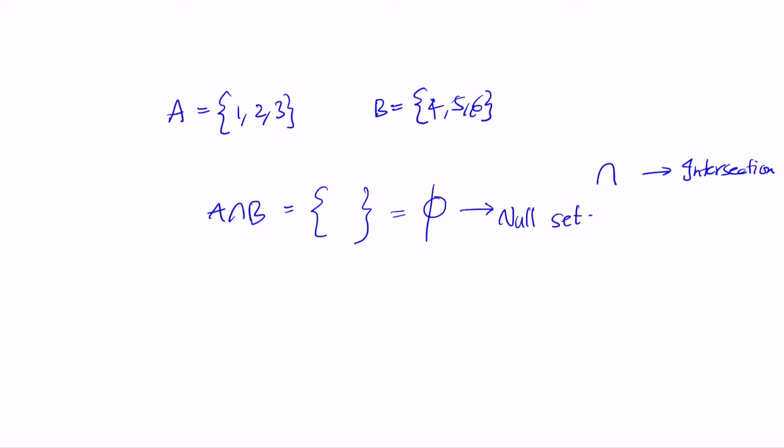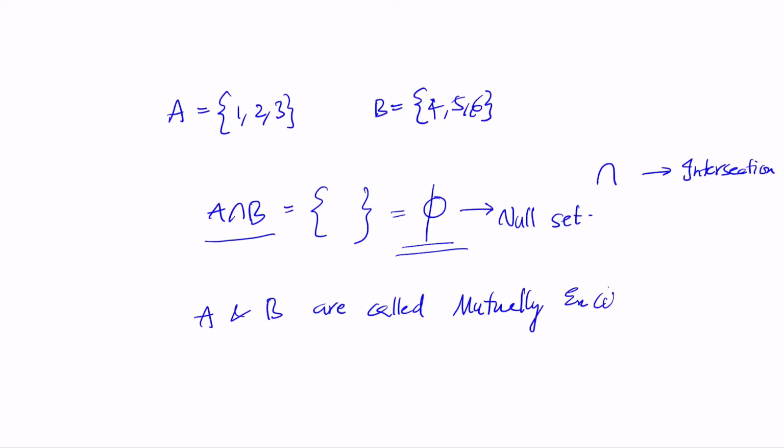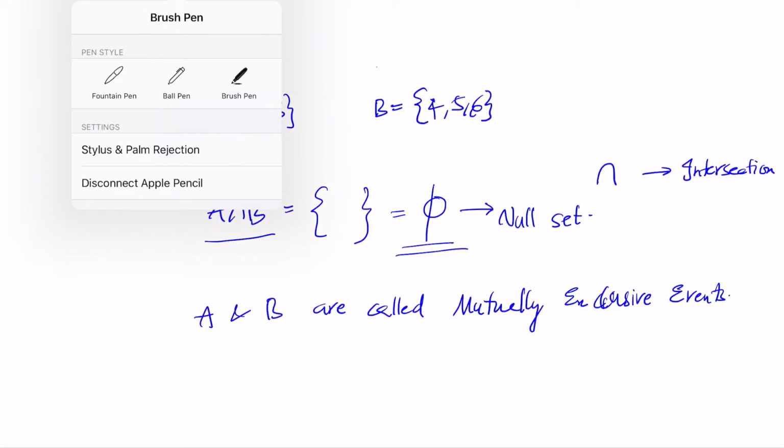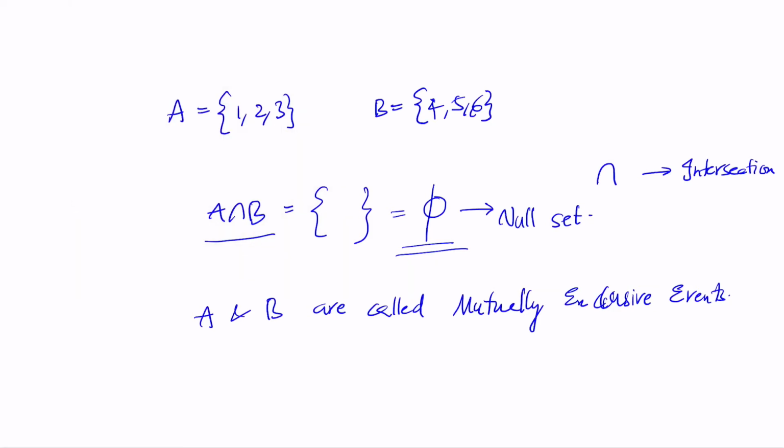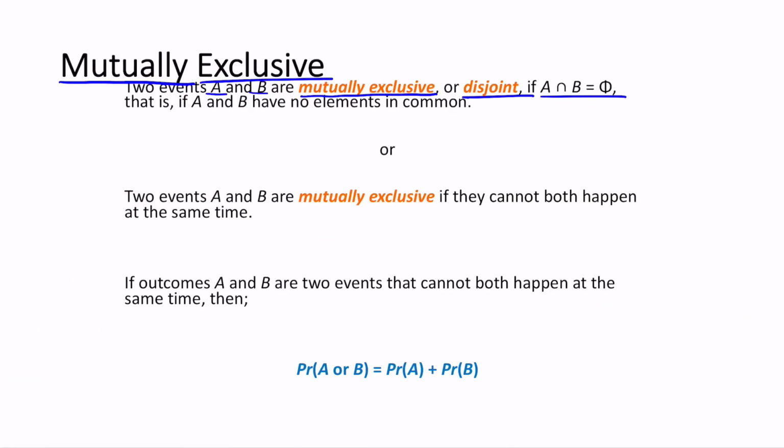So if you have two sets in such a way that A intersection B is a null set, then A and B are called mutually exclusive events. Only when A and B end up having a null set can we say that A and B are mutually exclusive events.